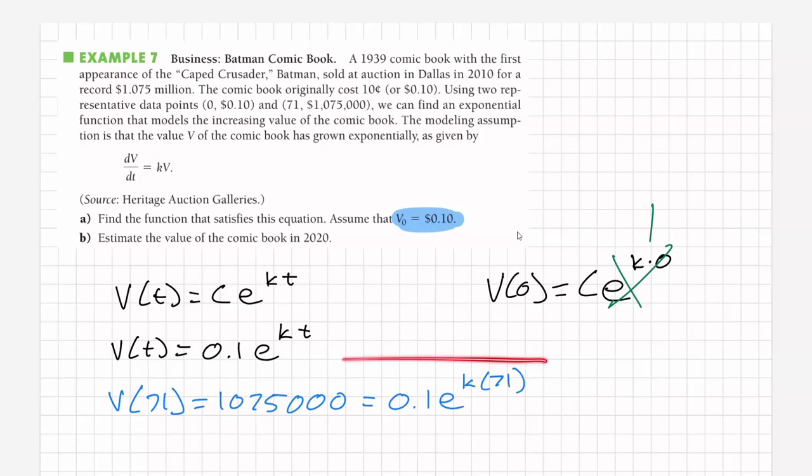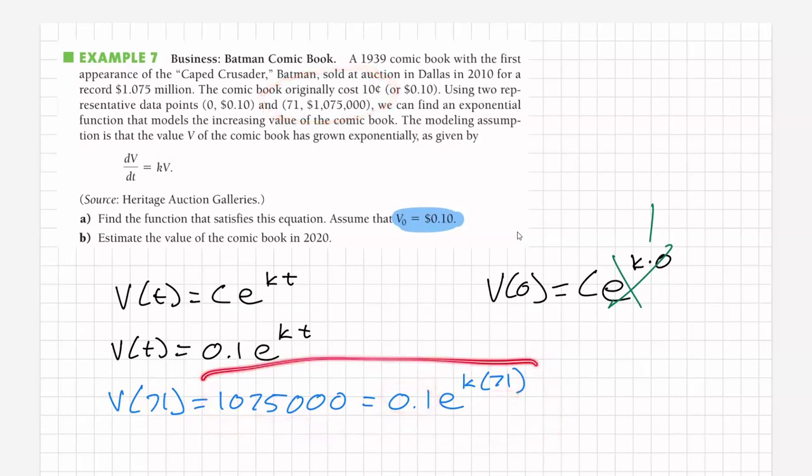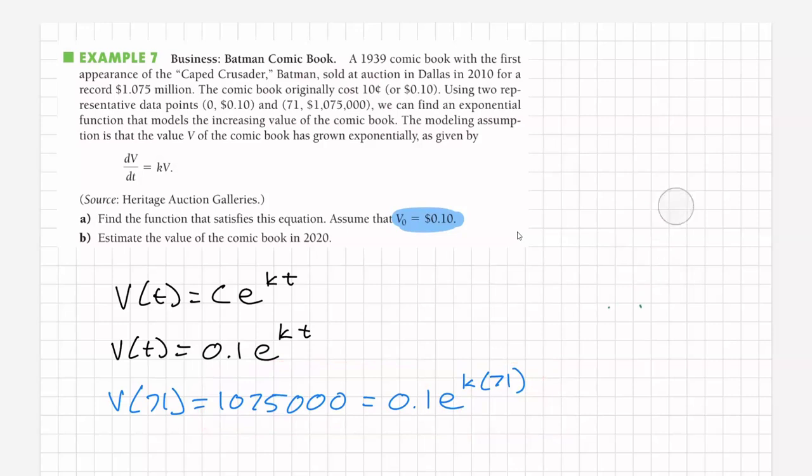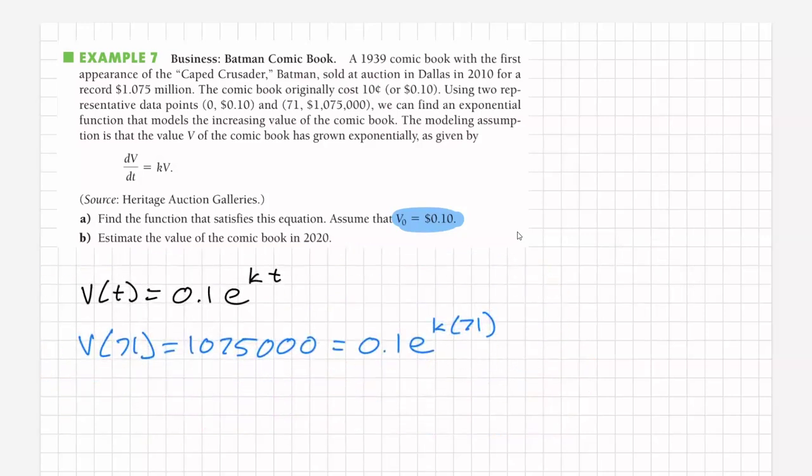Once we plug in both those points into our function, using the initial value that we were given and this second point of reference in 2010, the only variable that's left is our k value, which is the exact thing we wanted to find anyways. Any questions or concerns with that?